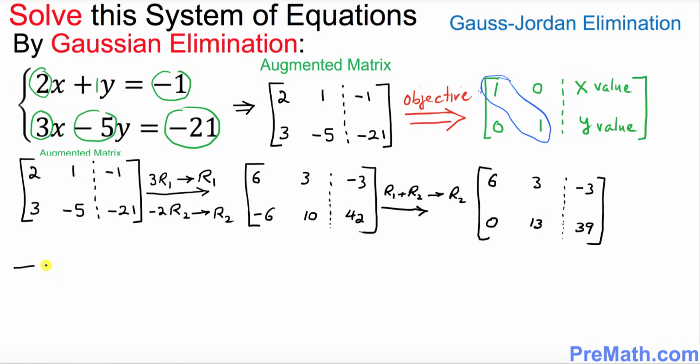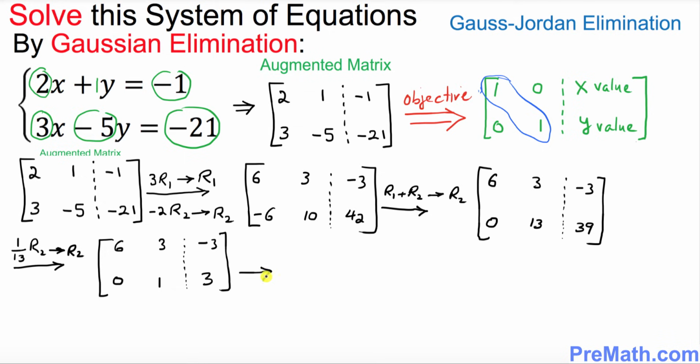So I'm going to multiply 1/13 times the second row, and then row 2 is going to become simply, so once again 6, 3 is going to be same and -3 on the top, we're not going to touch that one, and the second row is going to simply become 0, 1, and this becomes 3.